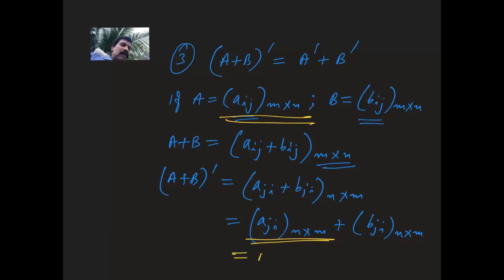That is nothing but A dash. And in the same fashion, in comparison with the Bij of order M by N, what is this Bji, N by M? That is nothing but B dash. Hence the proof.